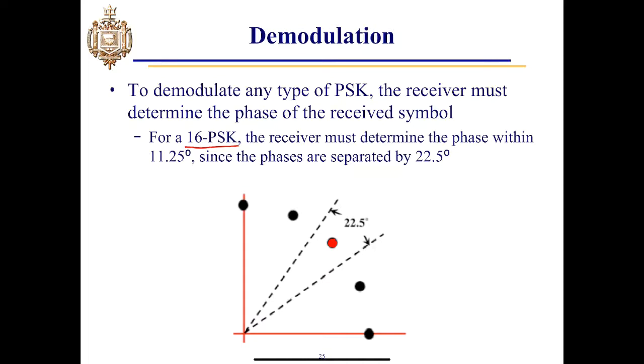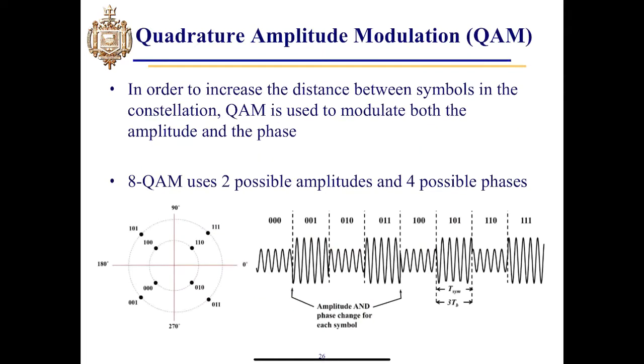In 16 PSK, now you only have 11.25 degrees of error, plus or minus 11.25 degrees either side of that symbol. So you can see as we add more and more symbols around this amplitude, around that circle, the chance of error increases.